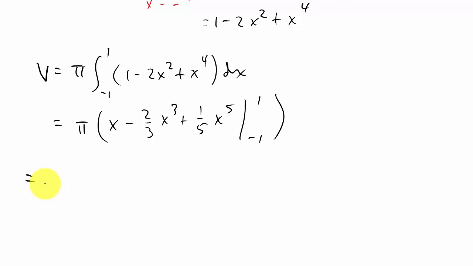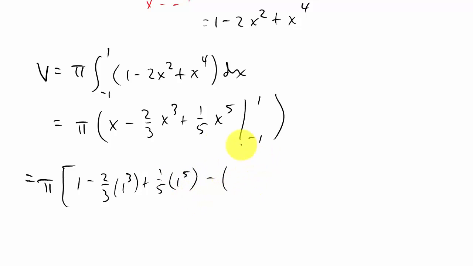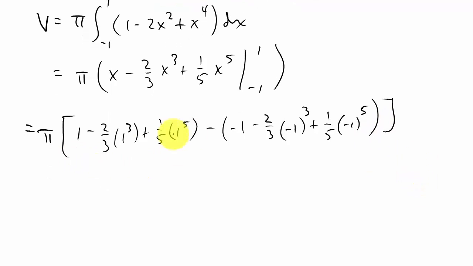So this gives me pi times, now I plug the 1 in, 1 minus 2/3 times 1 cubed plus 1/5 times 1 to the 5th, minus, and then I plug the -1 in, -1 minus 2/3 times -1 cubed plus 1/5 times -1 to the 5th. When I evaluate that, I end up with 16 pi over 15.